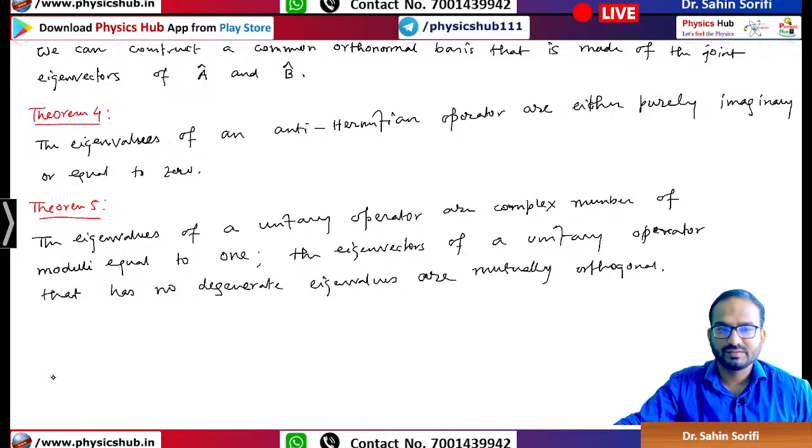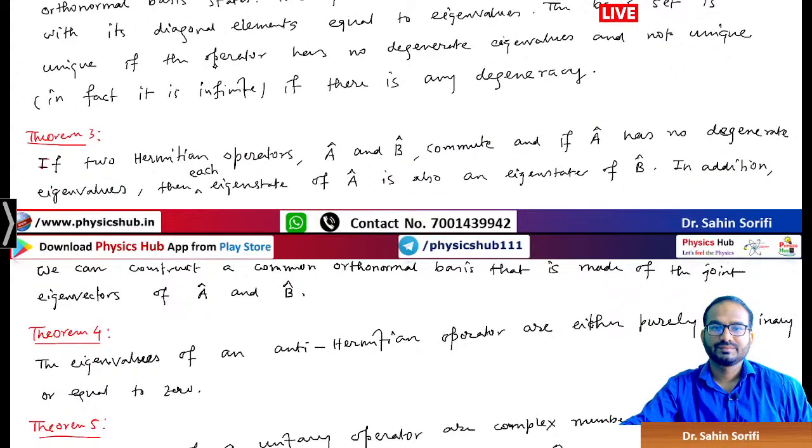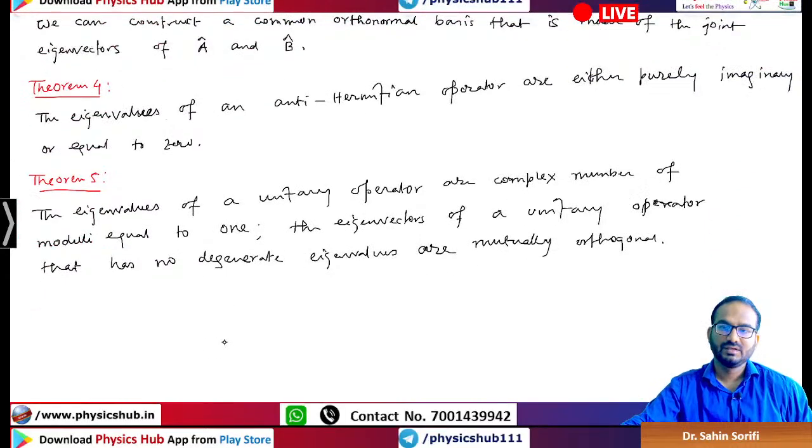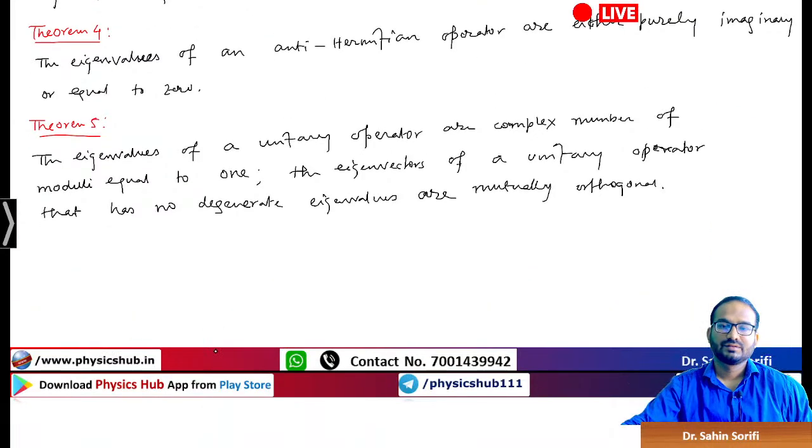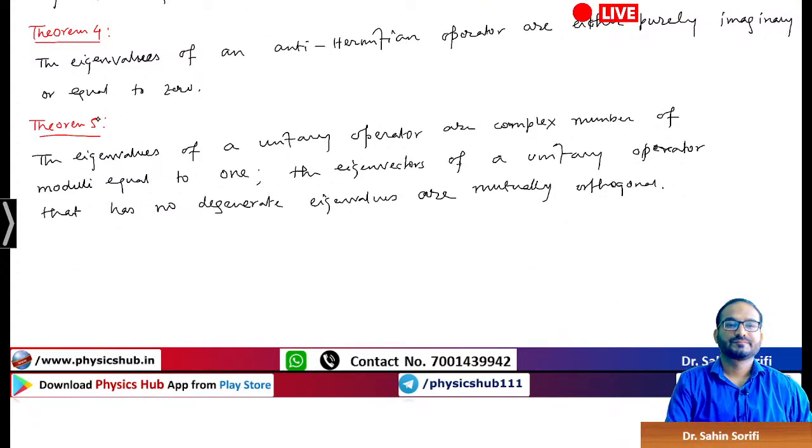This part is a little bit theoretical, but that's it. So this is very similar to what we have discussed in the case of Hermitian, so that is equally valid for unitary.